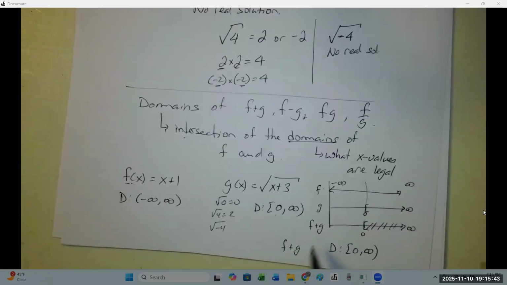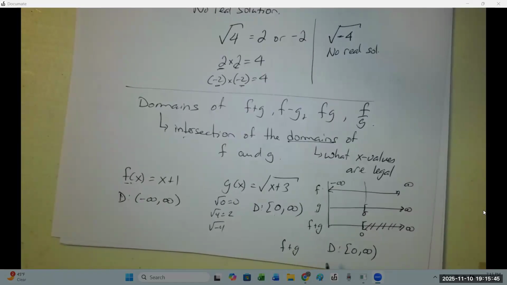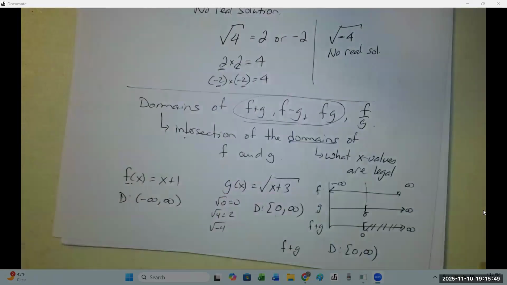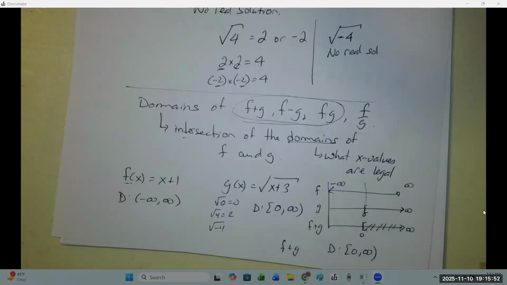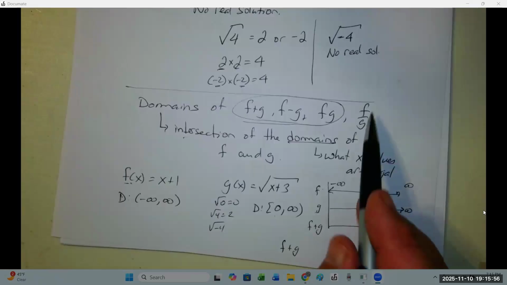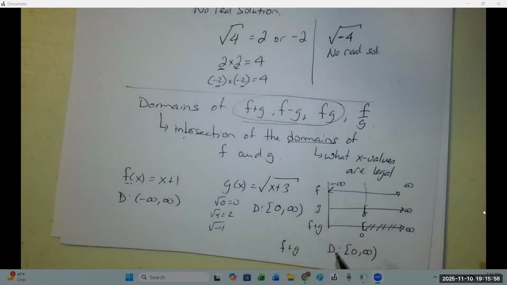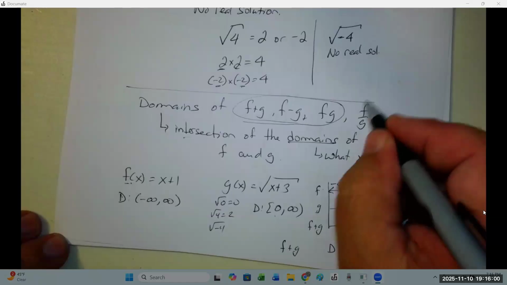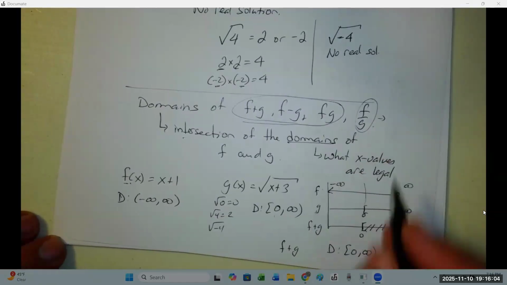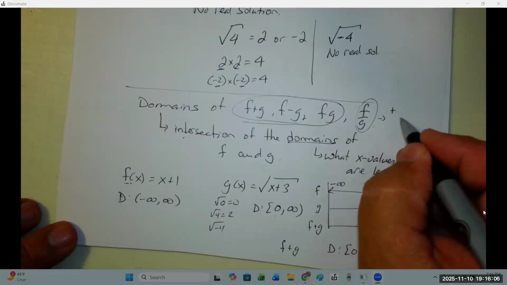F plus g, f minus g, f times g: these three all have the same domains. The only one that is different is the bottom one, f divided by g, because g cannot equal 0.